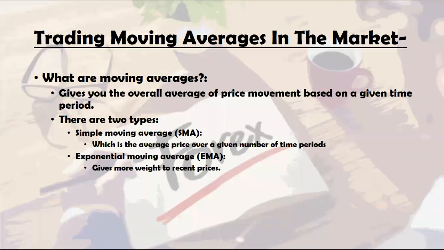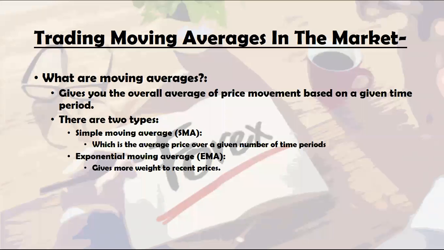All right, so we're gonna talk about an indicator that is very useful and a lot of traders use. It's called the moving average, and it pretty much gives you the overall average of price movement based on a given time period. Now, with this moving average tool, there are two types. You have the simple moving average, also called the SMA, which just gives you the average price over a given number of time periods.